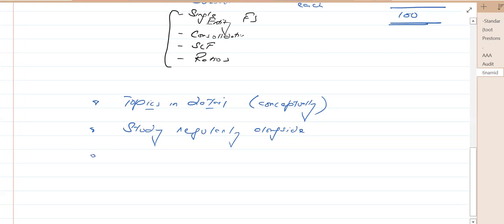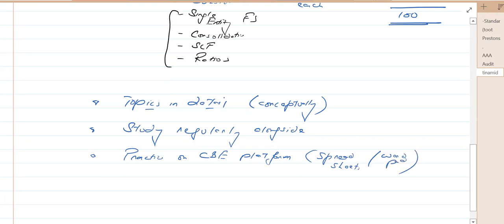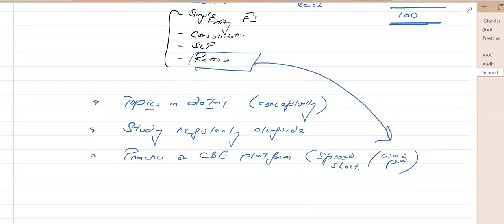Okay, then the third thing is the practice on the CBE platform. Or for example, if you're not able to access the platform every time, then make sure that you are practicing using Excel, the spreadsheets, and the word pad, the typing thing, because obviously in questions like ratios, you need to use this for the interpretation.